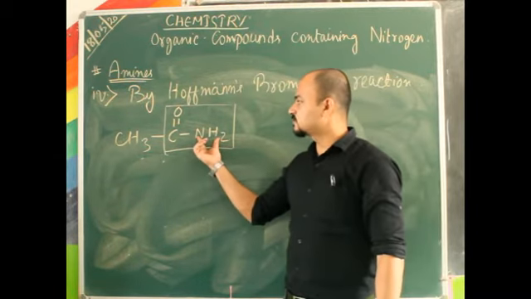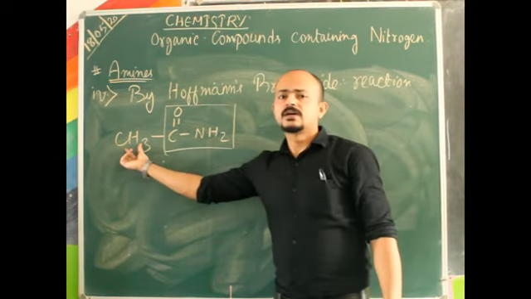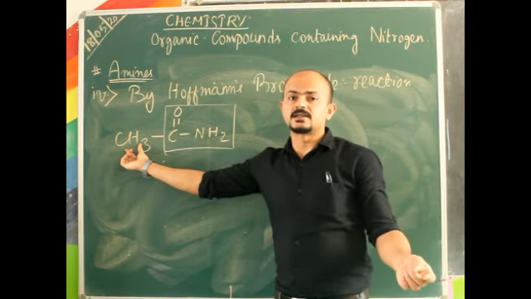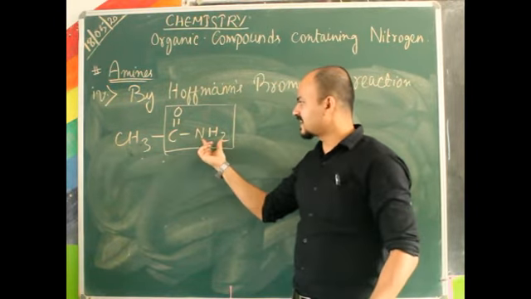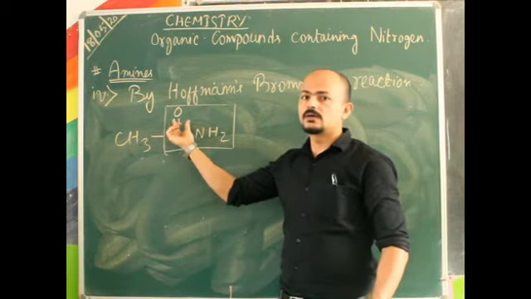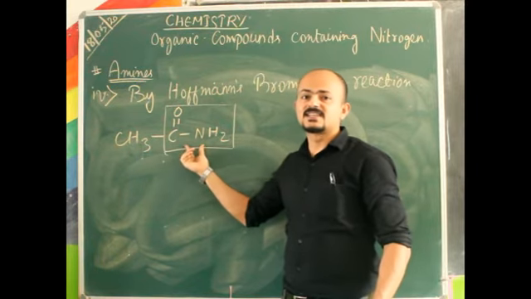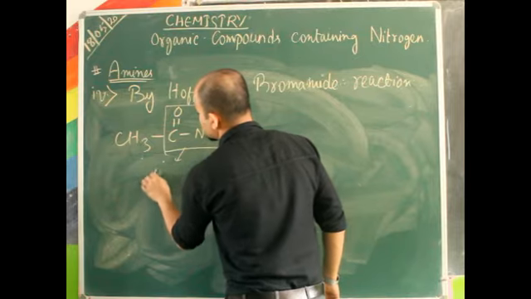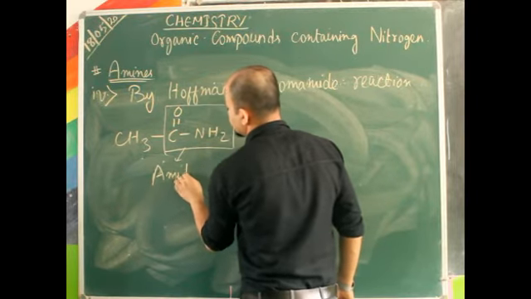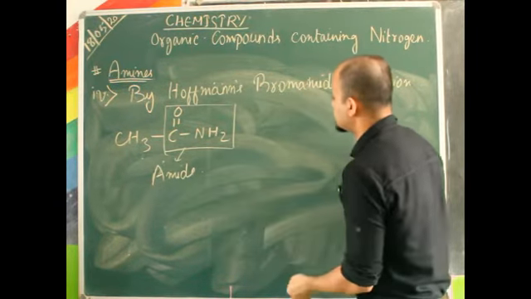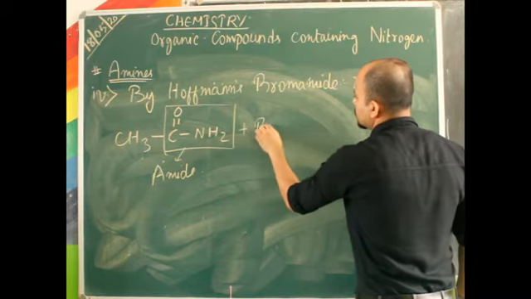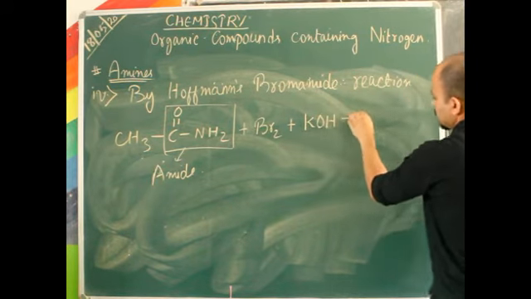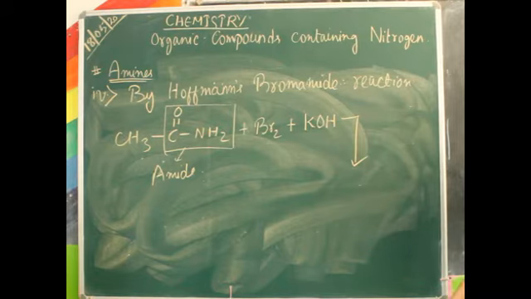Now see, this NH2, if it was attached directly to an alkyl group or aryl group, then that would be amines. Since this NH2 now is attached to C double bond O, please don't make a mistake. This is an amide. This group is known as amide. Now, whenever first degree amides are treated with bromine in presence of KOH, then what is the product?